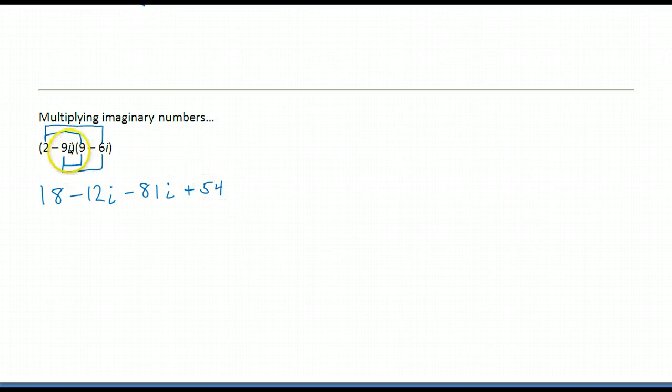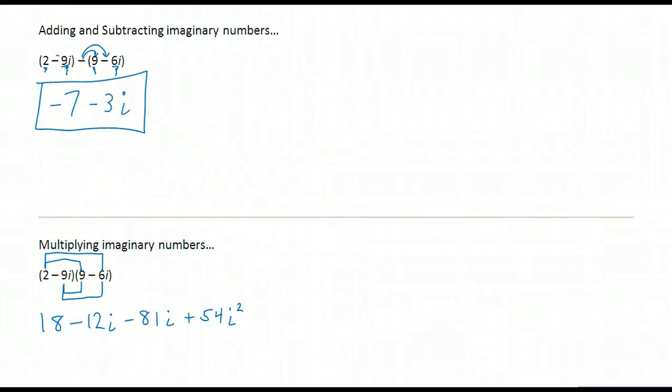But just like when I take x times x and I get x squared, i times i is i squared. When I'm multiplying i times i, I need to raise it by 1 power. That's different than adding i's together or subtracting i's. When I add or subtract, I just keep the term the way I have it and combine like terms.